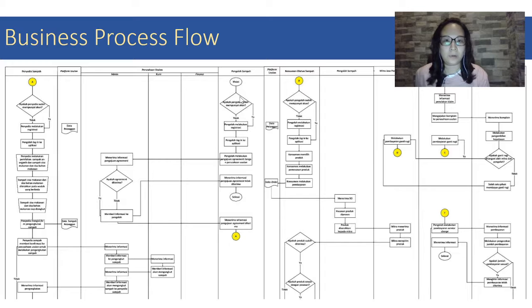And don't forget that if you have a decision, you need to put the definition: if no, then it will go to which process; if yes, then it will go to which process.